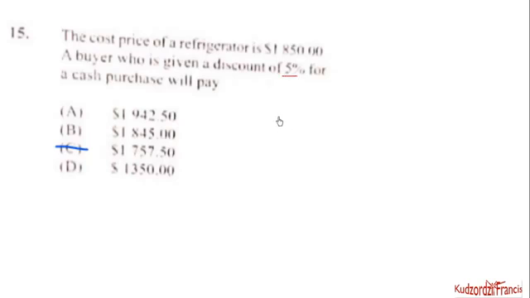Therefore, we are not going to let the buyer pay 100%, but we will let him pay 100 minus 5% because the discount has to be subtracted. So 100 minus 5 out of 100 times the price of the refrigerator, which is $1,850.